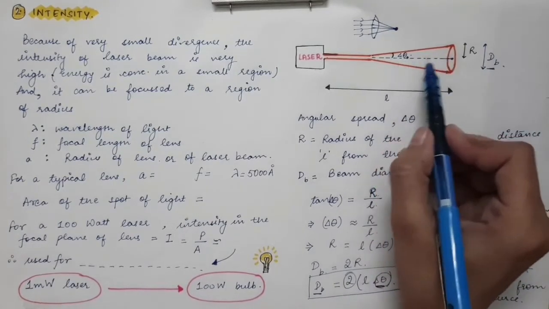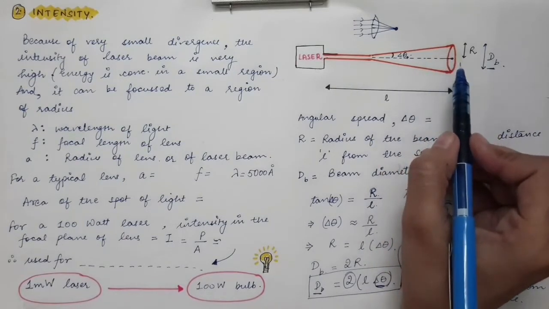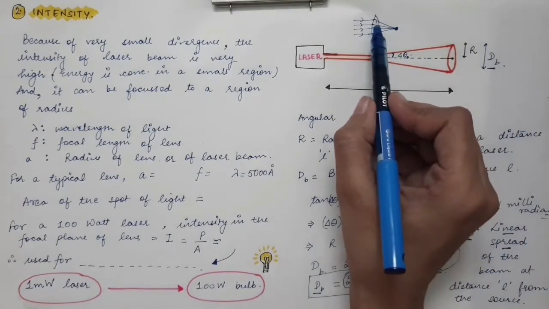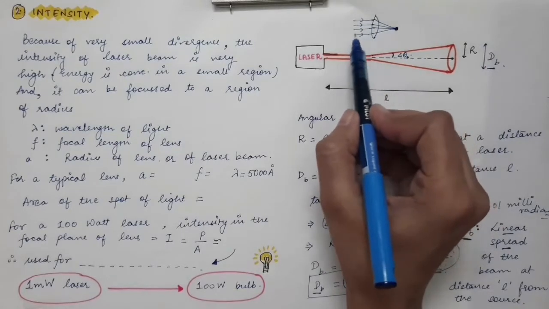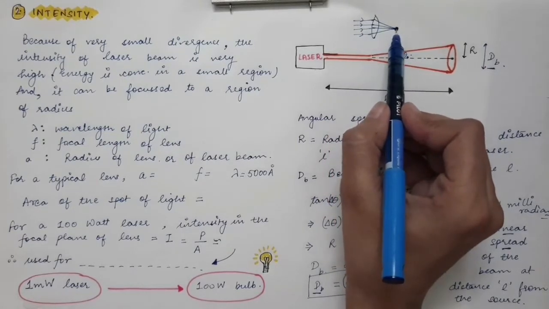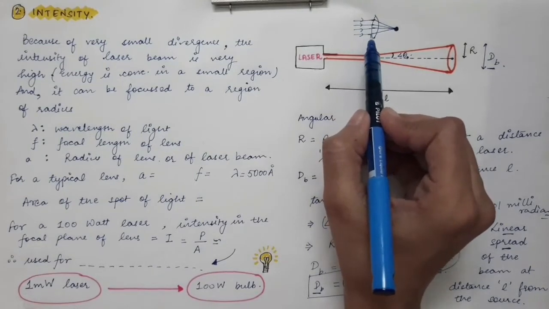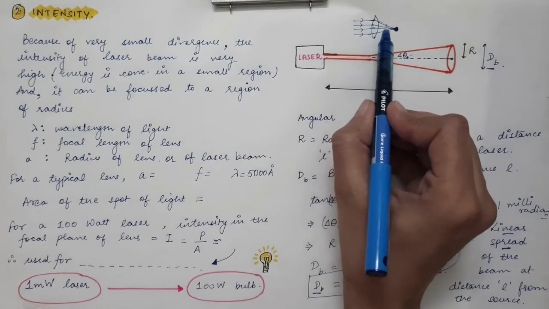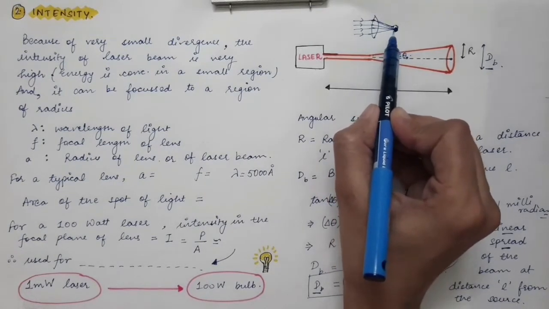So when these almost parallel light rays are made to fall on a convex lens, they will not fall at a single point. If the light rays are exactly parallel, they will fall at a single point, but if there is a little divergence, then the light rays will fall on the focal plane of the lens and make a spot on the focal plane.